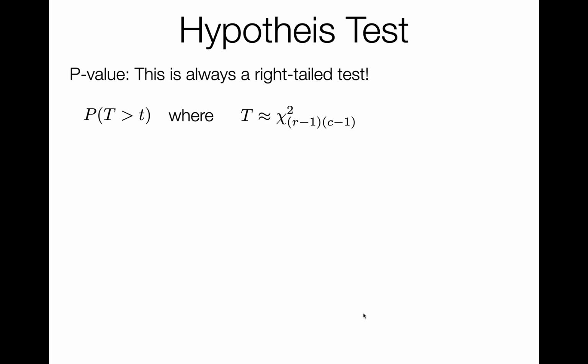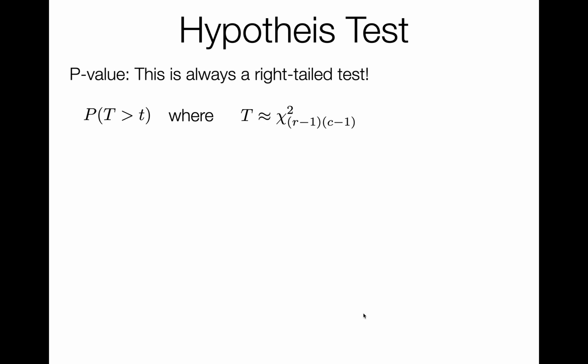All right. So the p-value is always the probability of T greater than t, where T is the chi-square distribution and little t is the actual test statistic that we got. That really doesn't matter to you. I know it does to me, though, and so I have to say it.